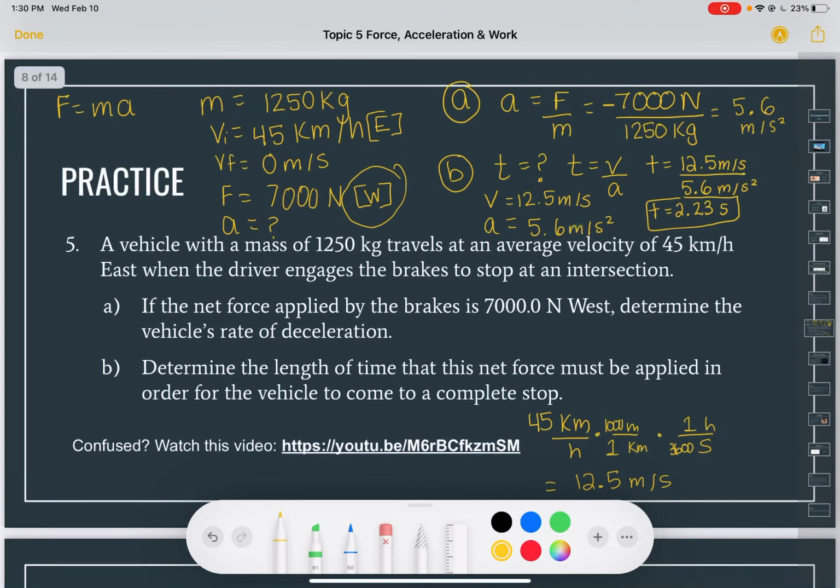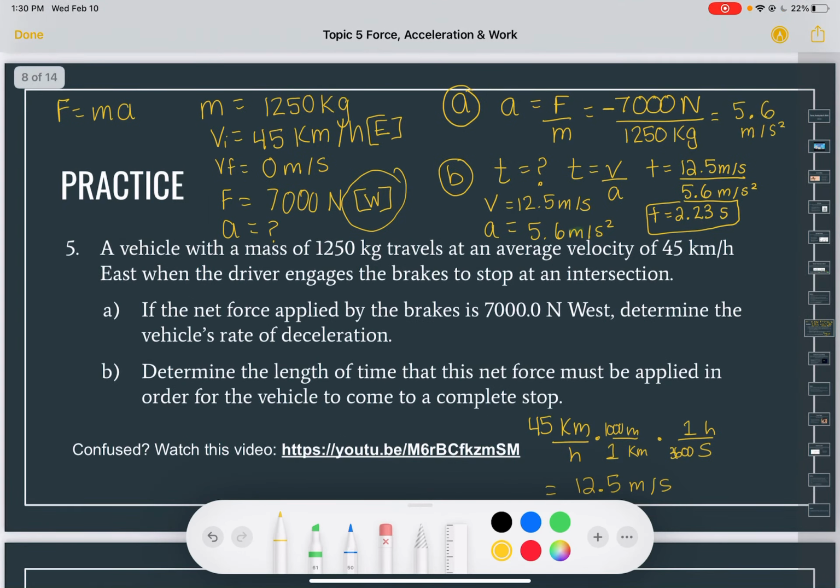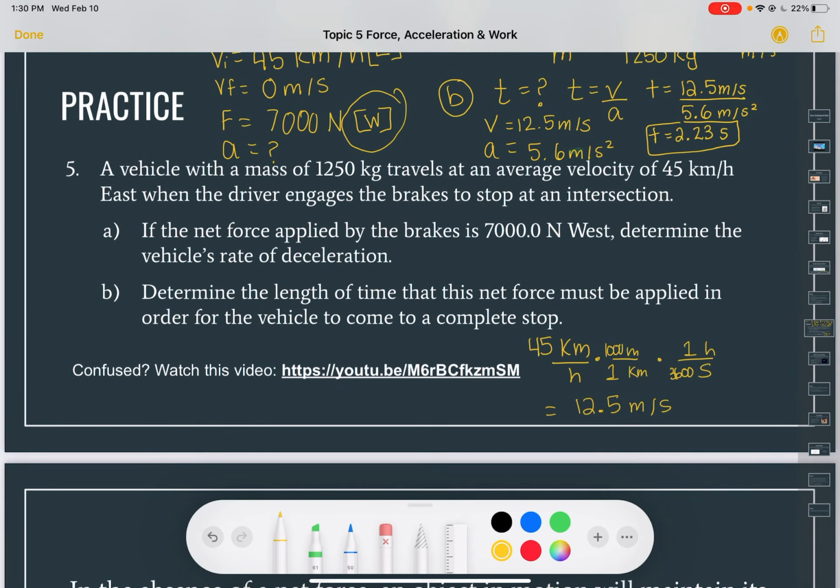So the question asks us, determine the length of time that the net force must be applied in order for the vehicle to come to a complete stop. So when you're going 45 kilometers an hour, I guess putting your brake on will only take 2.23 seconds to come to a stop. That seems pretty fast, but I think we've done the math correctly, so it should be right. All right, so that's how we do a question like that.